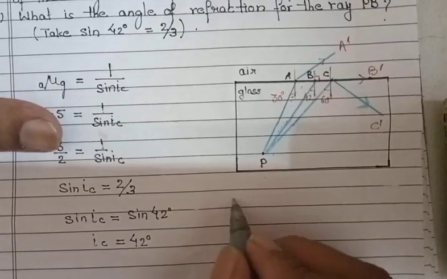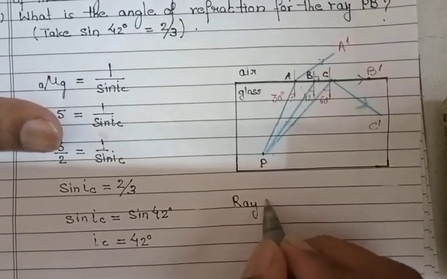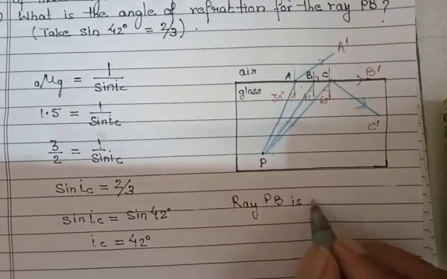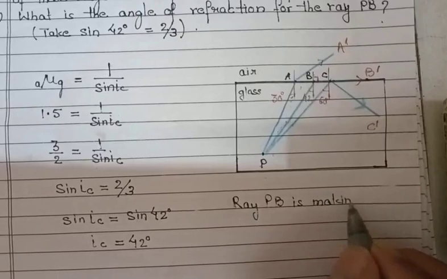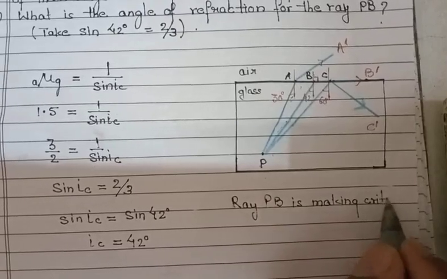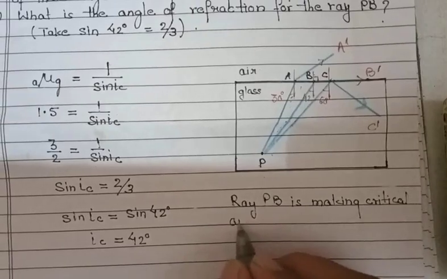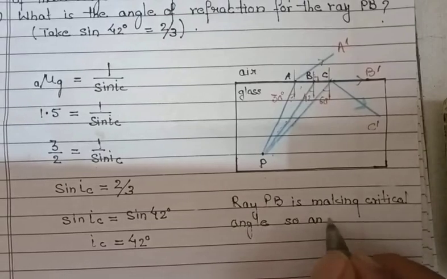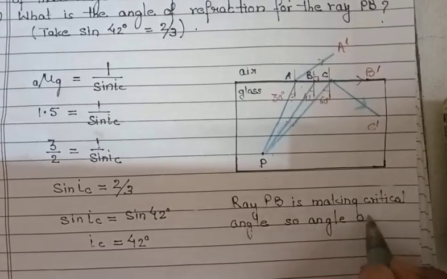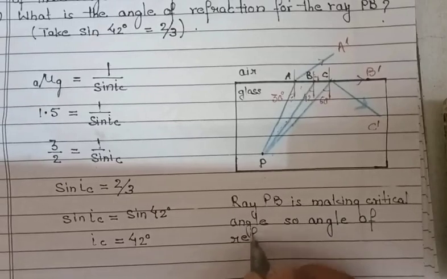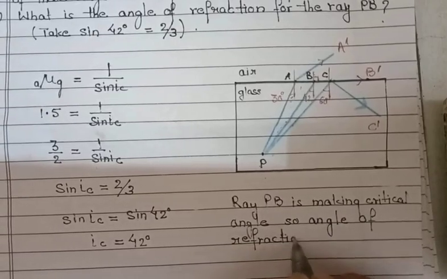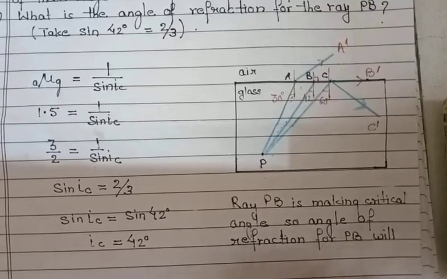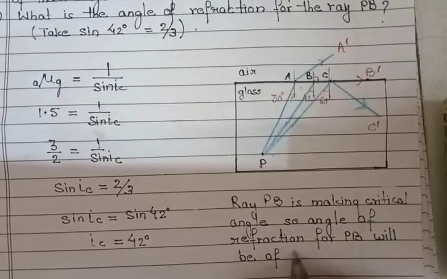So we can write over here, ray PB is making critical angle, so angle of refraction for PB will be of 90 degree.